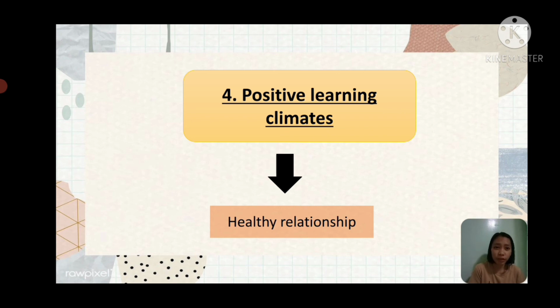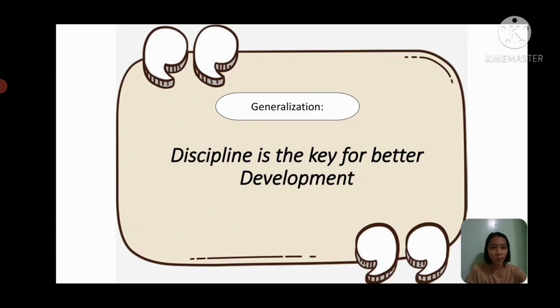That's how we learn, and we learn from those mistakes and grow. Make a simple mistake and talk about how glad you are that you made this mistake because it taught you something. Discipline is the key for better development.